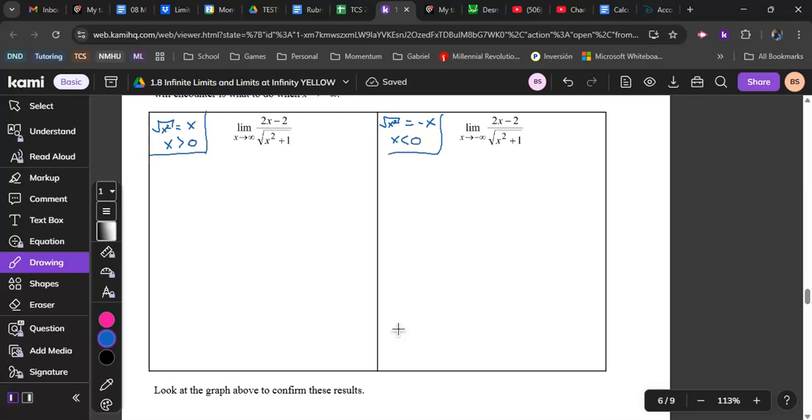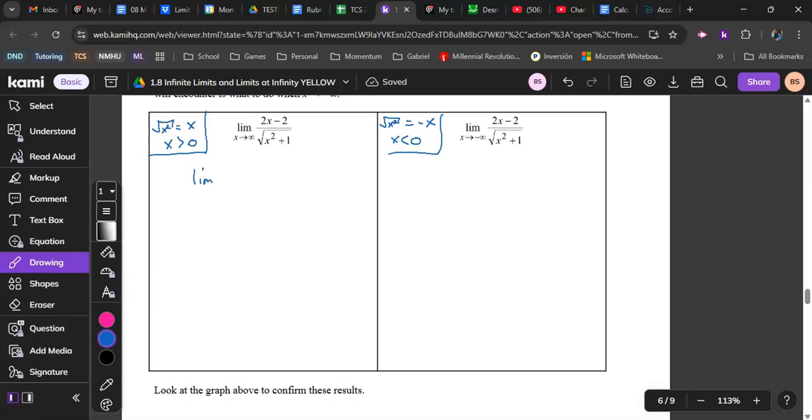I want you to think about that for a minute and see if it makes sense to you. Yes. Because technically the square root and the squared are effectively canceling. So if x started as negative, it's going to be negative, and if it started positive, it's going to be positive. That's all we're saying here. That's the statement.